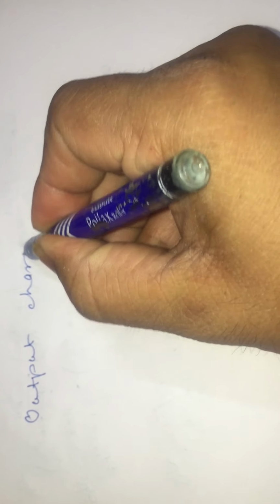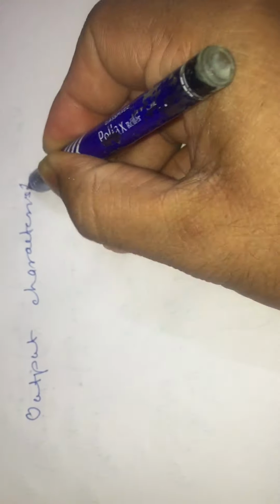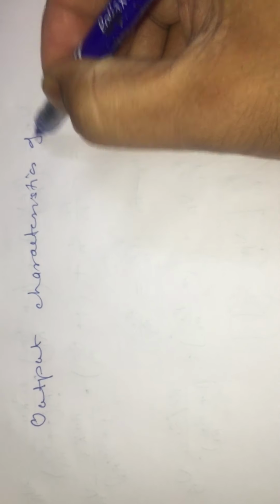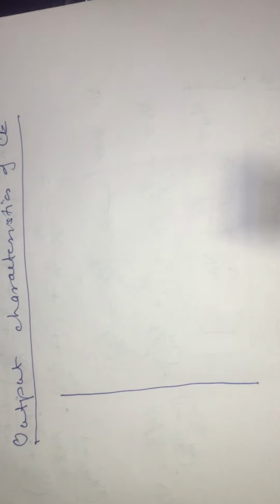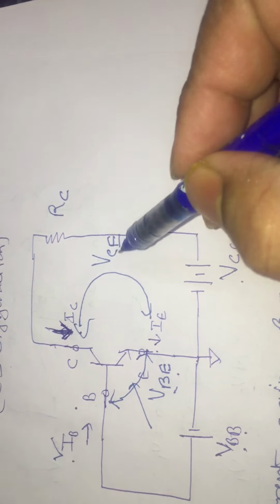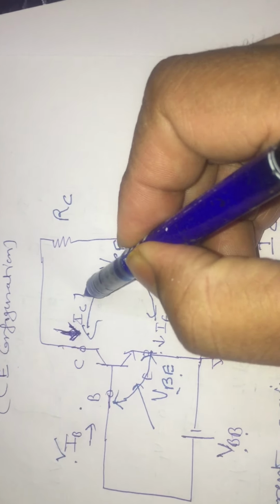Now next is the output curve, or we can say output characteristics of common emitter. So what is the output curve? Here the output voltage is VCE and the output current is IC.